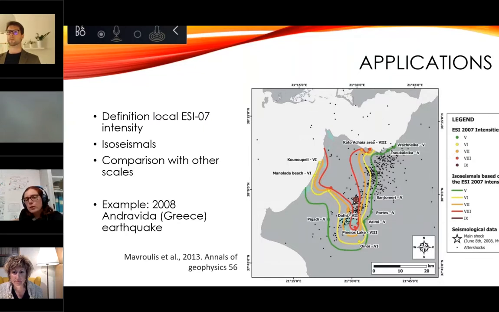Another very common output is to compare, some in a more qualitative and some in a more quantitative way, the output of the ESI scale with other macroseismic scales, and in particular with the damage to buildings and infrastructures. So in the scientific community, many people do this kind of comparison.